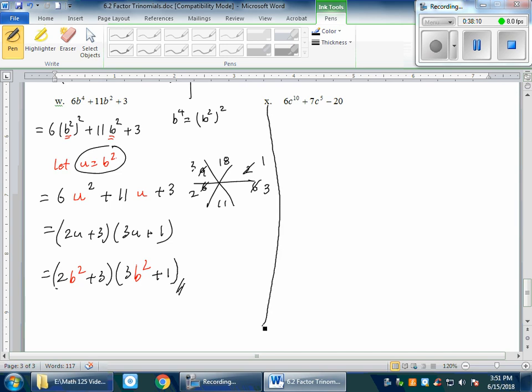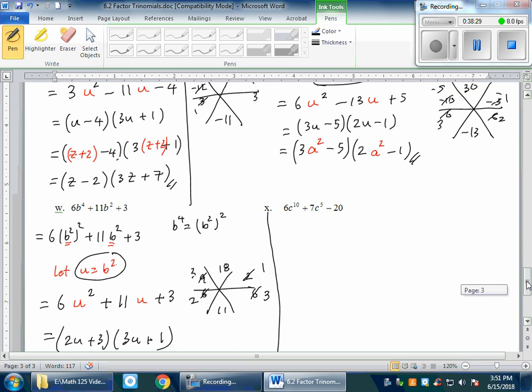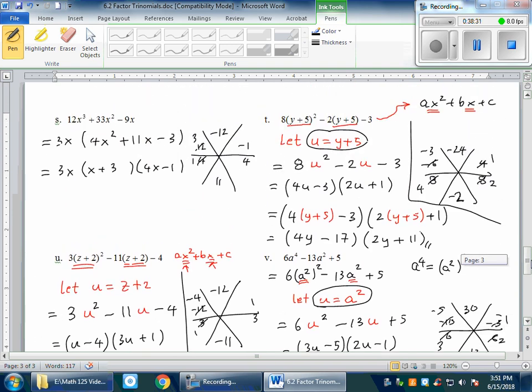So if you get used to this, now you should be able to see the way we're going to be checking for these types of problems. Always, if you look at it, the exponent of the first term is double the exponent of the second term. Take a look right here.